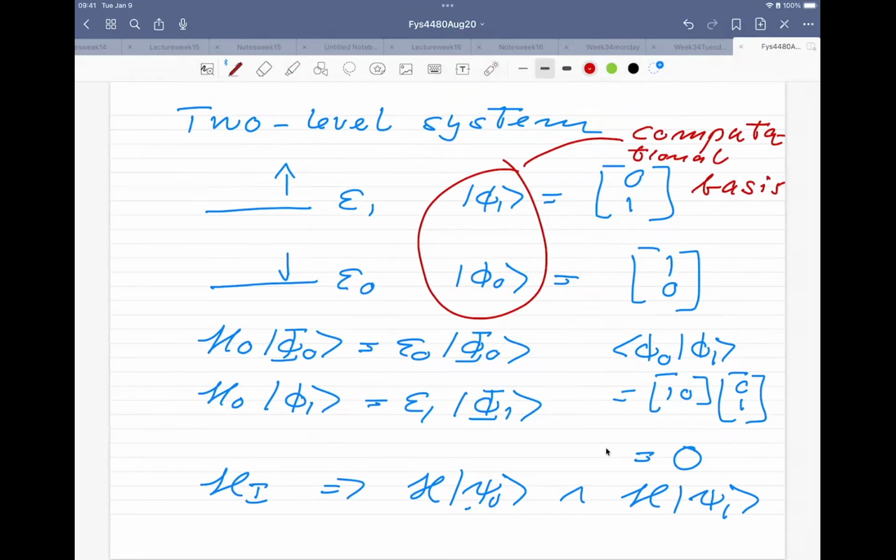Since this is a computational basis, we can expand this specific state, or that state, in terms of that basis.